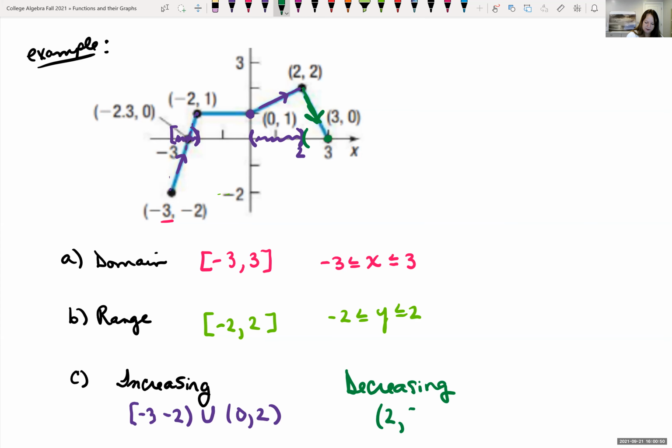So at 3, I'm going to put a bracket because that's a solid circle. And then constant. This is where the graph is horizontal. Looking at the x values where it's horizontal, we're starting at x equals -2 and stopping when x is 0. So parentheses -2, 0, parentheses.